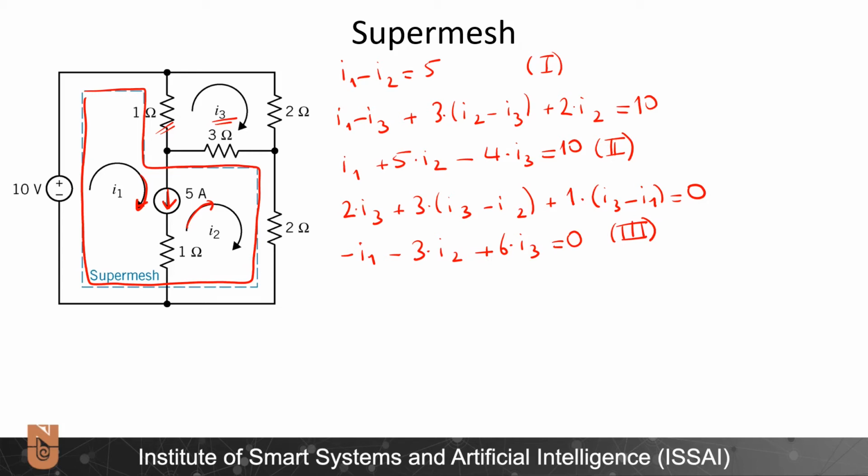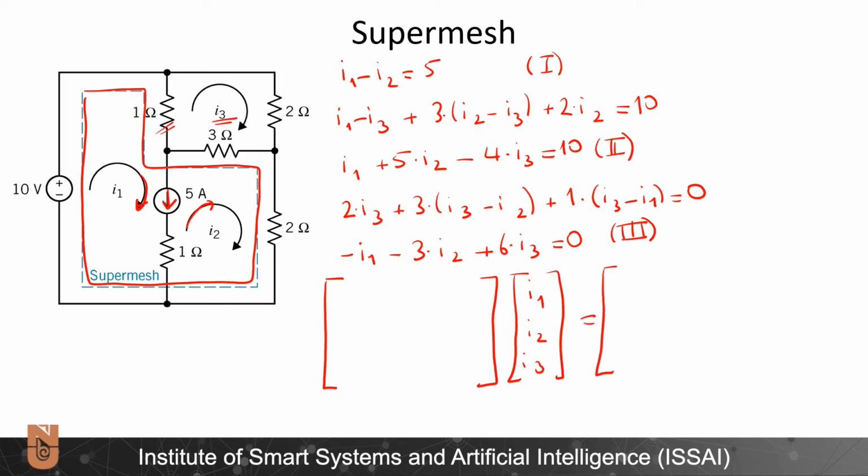So I have 3 unknowns, 3 equations. I can do a very messy algebraic manipulations to solve them, or I can write them in matrix form and solve using MATLAB. I will choose the less messy form, I1, I2, I3. For the right side, from the first equation, I have 5.